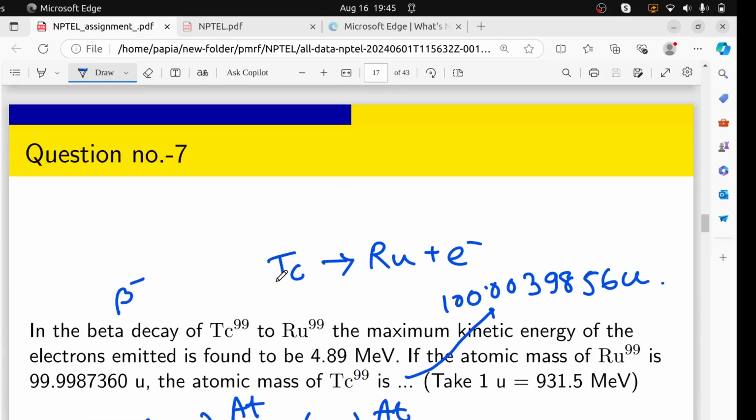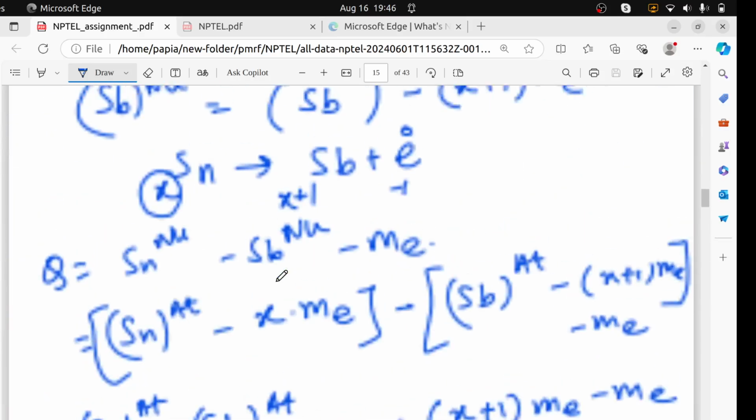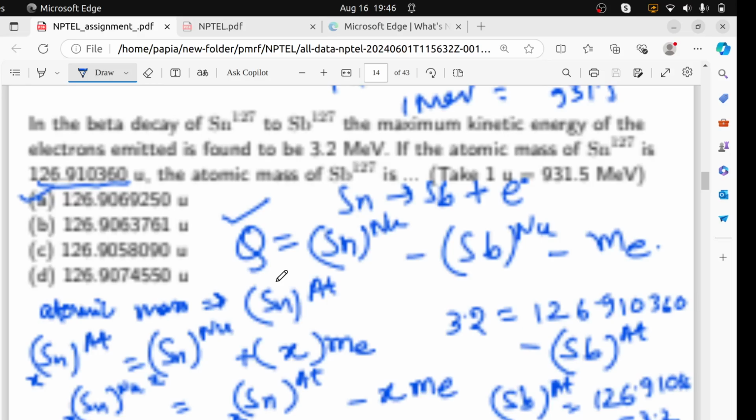This is 7. This is 6. This is 5. This is 4.